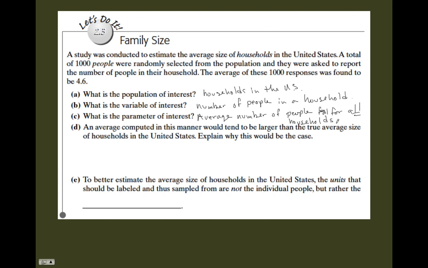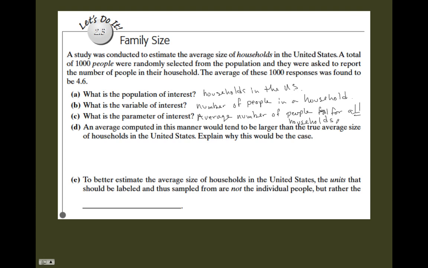Let's take a look at Part D. I think Part D of this example really exemplifies the kinds of pitfalls that we can have when we're trying to sample in statistics. So here's the question: an average computed in this manner would tend to be larger than the true average size of households in the United States.